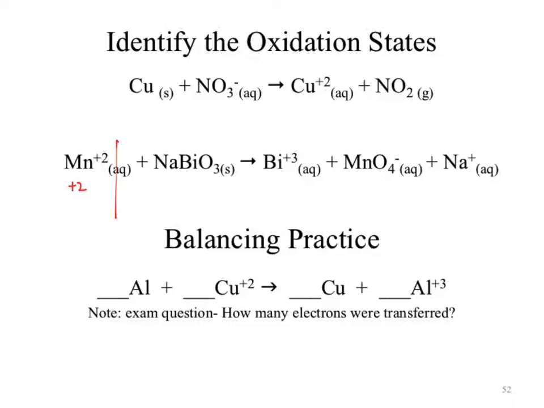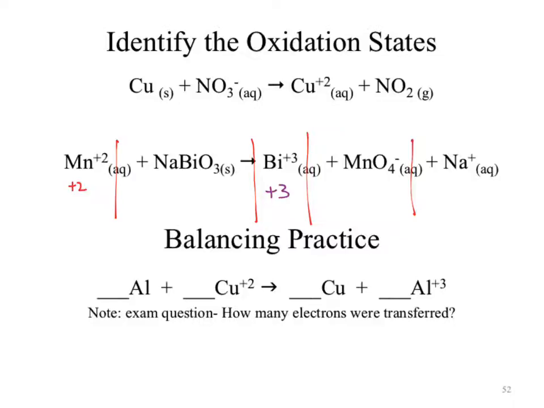I'm going to skip over the hard one, because you can figure that out later on your own. I'm just kidding. We'll look at that in a second. What's the oxidation state for the bismuth? It's a plus 3. The oxidation state in the next question, for the permanganate? That's a trickier question, isn't it?